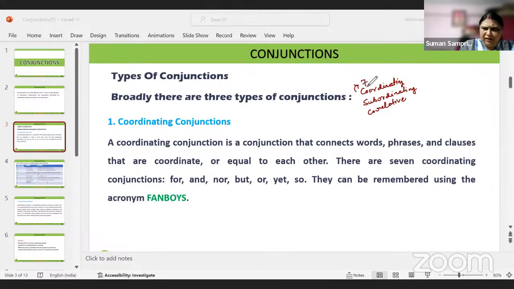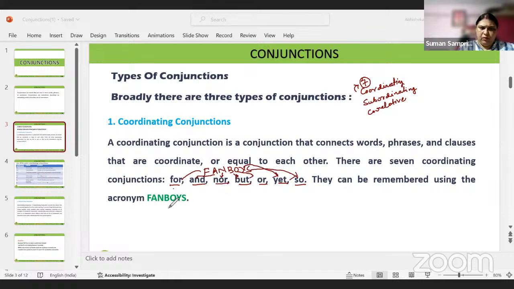In coordinating conjunctions, you will find 7 conjunctions, which are: for, and, nor, but, or, yet, so. We can also remember them as FANBOYS. F for for, A for and, N for nor, B for but, O for or, Y for yet, and S for so.